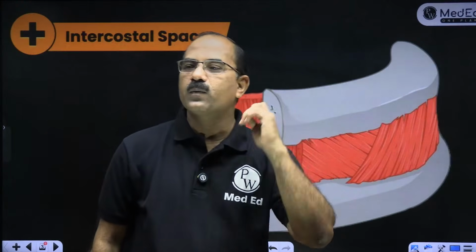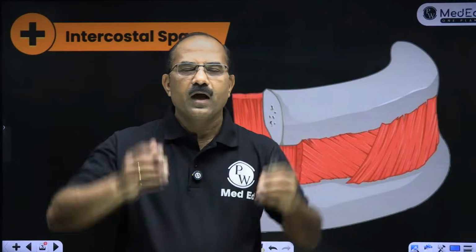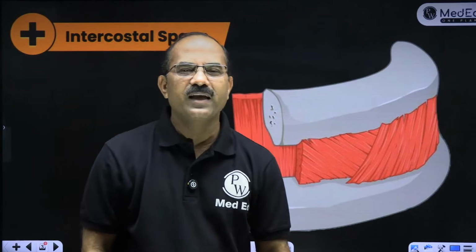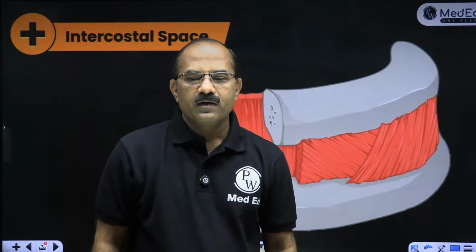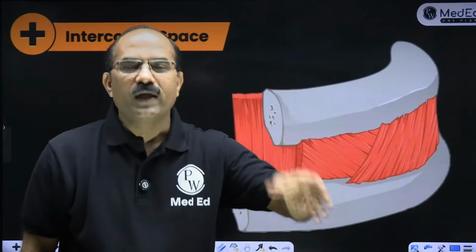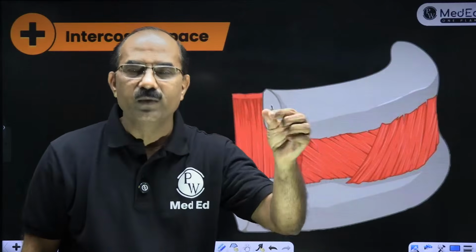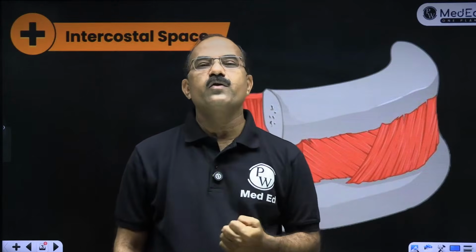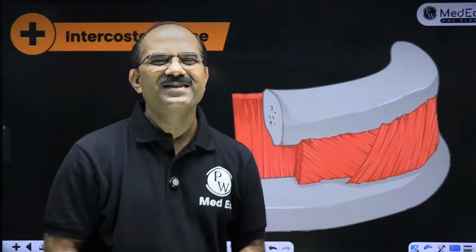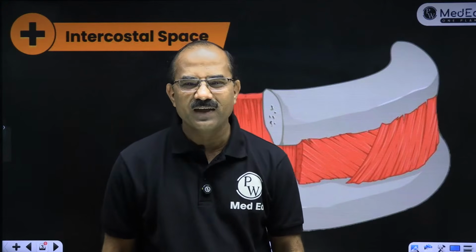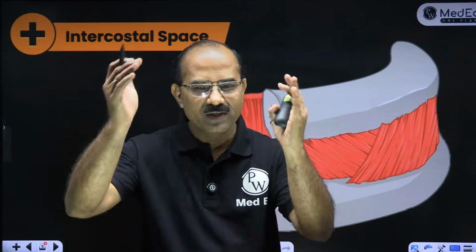And what is the sequence? How is the sequence of structures? Yes, anyone? So the neurovascular plane of the thorax lies between the internal and the innermost intercostal in the costal groove along the inferior border of the rib, and the sequence is, yes children, tell me, how is the sequence? Come on, I'm looking at the screen.